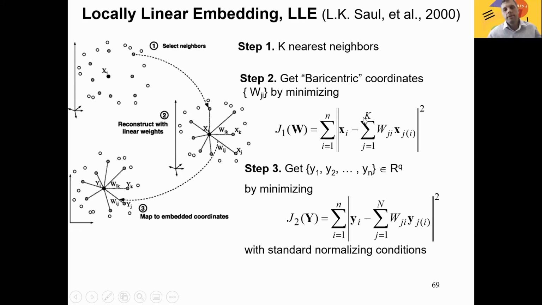So this is the idea. We would like to keep this local structure of the manifold by keeping local barycentric coordinates, and we can easily do this by minimizing this functional with respect to y, and that's it.